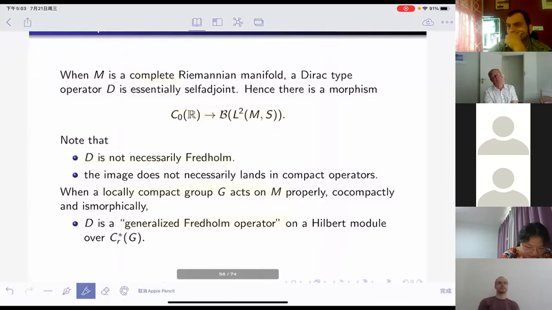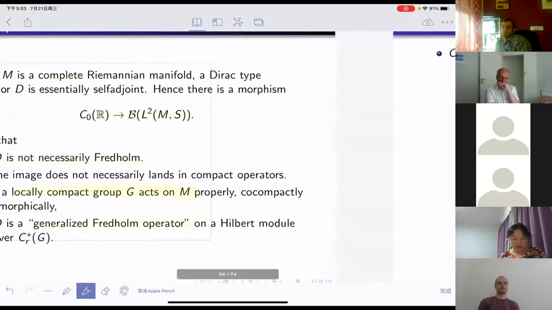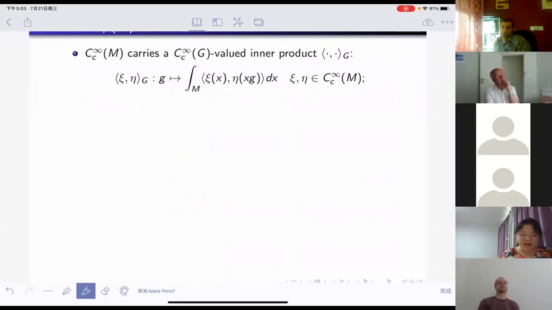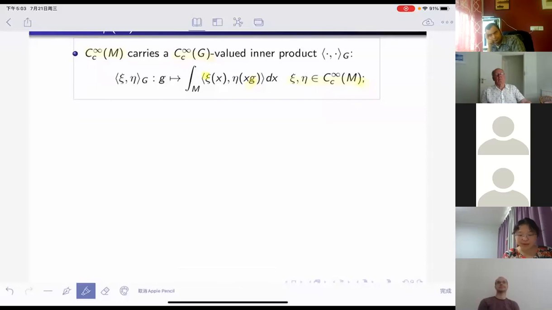Whenever we have a locally compact group G acting on the manifold M, one can define a C_c(G)-valued inner product over the compactly supported smooth functions on M by just translating. Given two functions on M, one can translate one function by a group element and take the usual inner product.